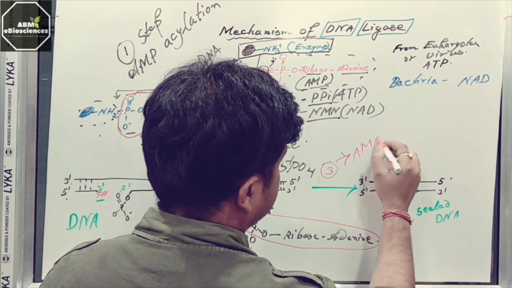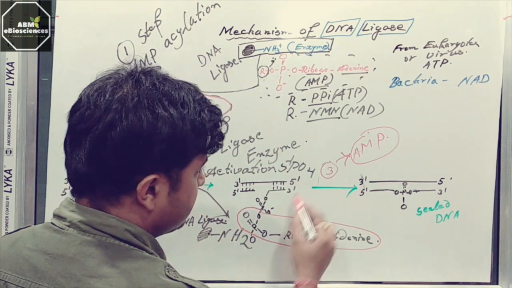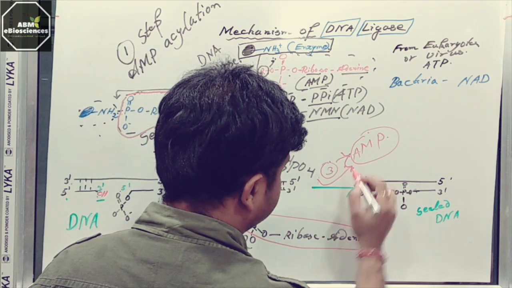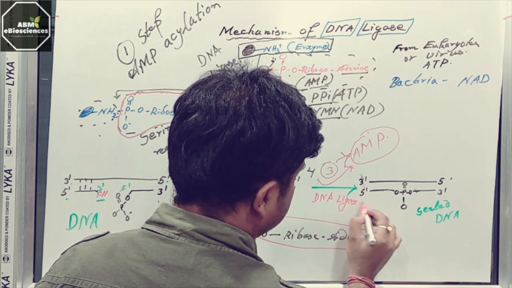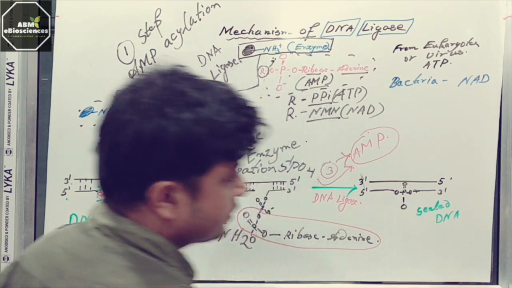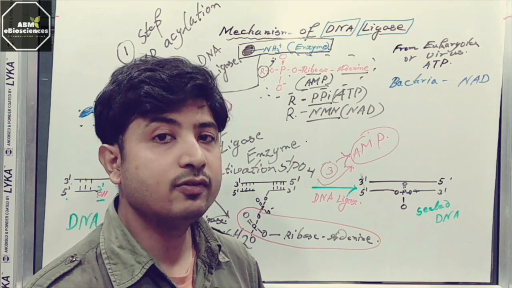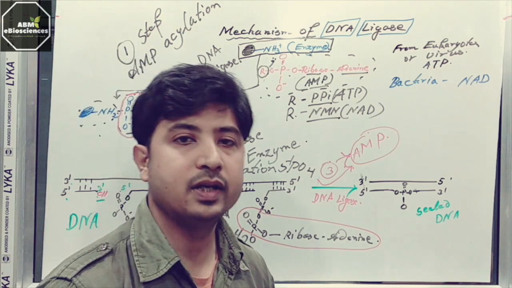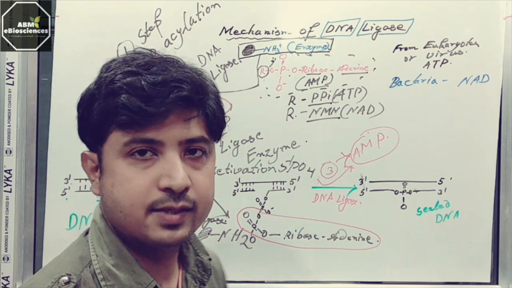Again, I am not writing the total structure. So this AMP is now out with the help of DNA ligase, and after that the nick is sealed. Now you have a sealed DNA, a fully functional DNA, which can be replicated or transcribed again. It is ready for transcription.